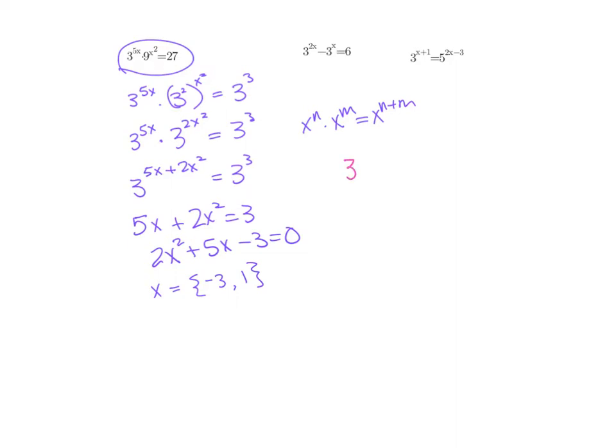So 3 to the -15 is our check, and we have times 9 to the 9th. Does that equal 27? I'm going to switch that 9 to the 9th back to 3 squared to the 9th.